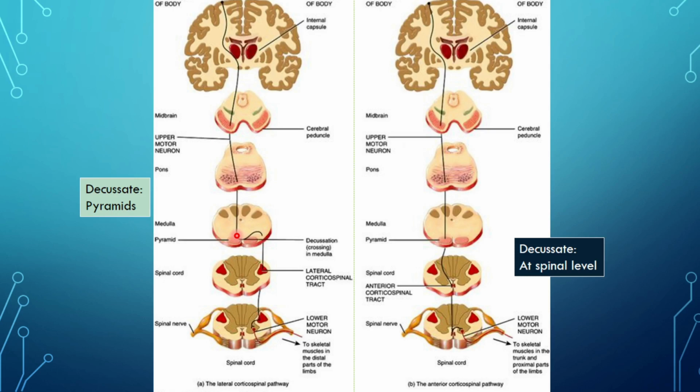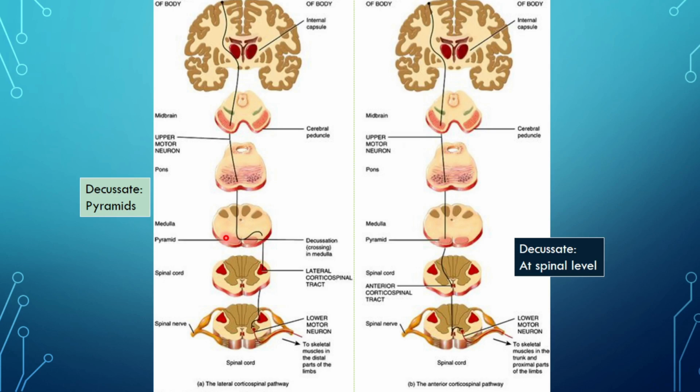And in the medulla, we call the areas where these lateral corticospinal tract fibres are running the pyramids. So you might also have heard this pathway referred to as the pyramidal system, because the axons are running through the pyramids of the medulla.